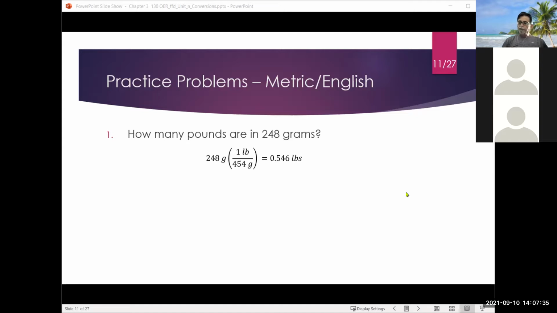I set it up with grams in the denominator, the 454, because I want my grams to cancel out, leaving me with units of pounds, because that's what the question asked for. This conversion factor is an approximate measurement, and I got 3 sig figs in the number that I'm given. Therefore, our answer should have no more than 3 sig figs.